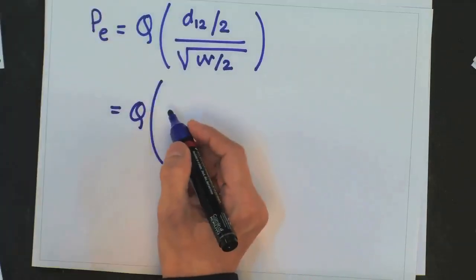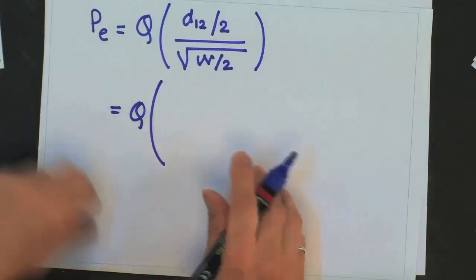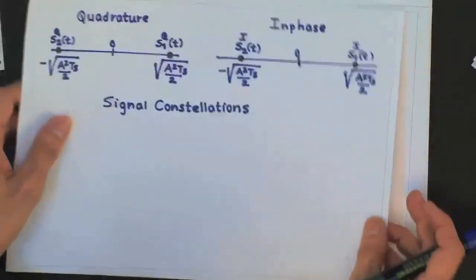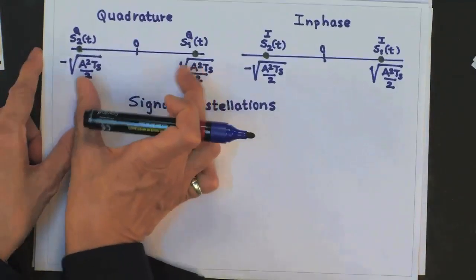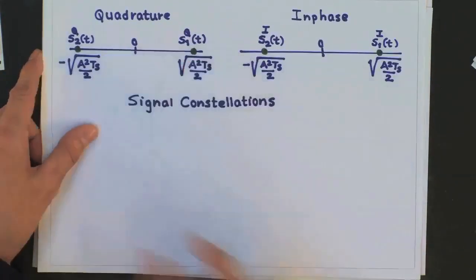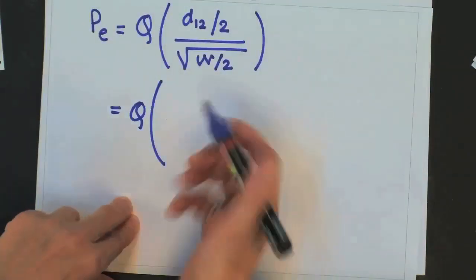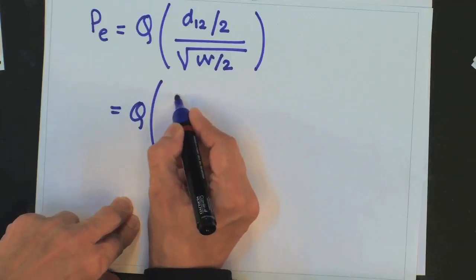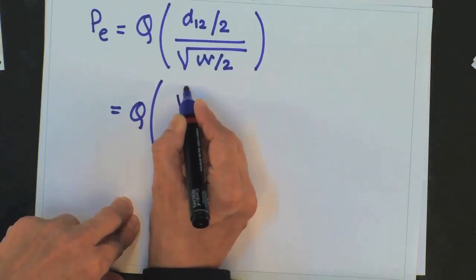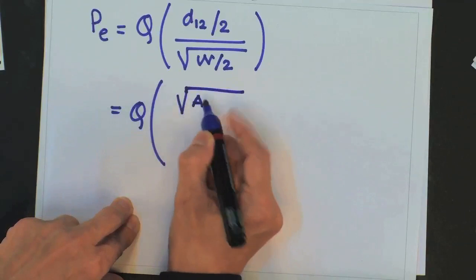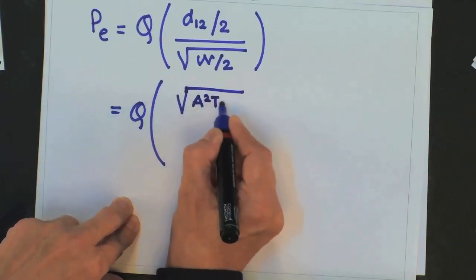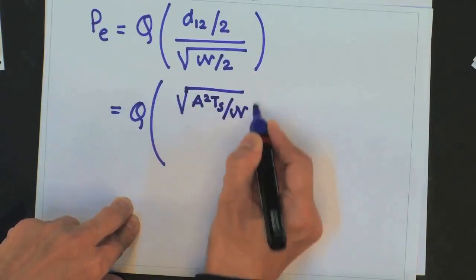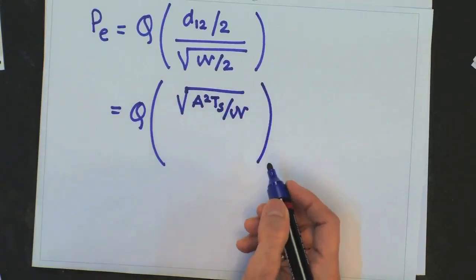This is equal to, look at this distance, this is twice of this. So, substituting there we will get Q of root of A squared Ts by N.